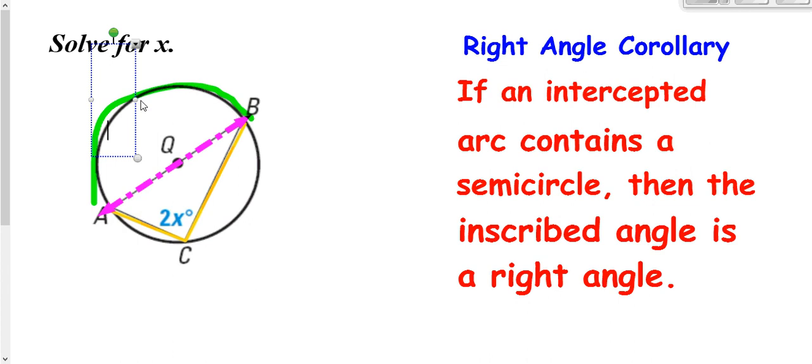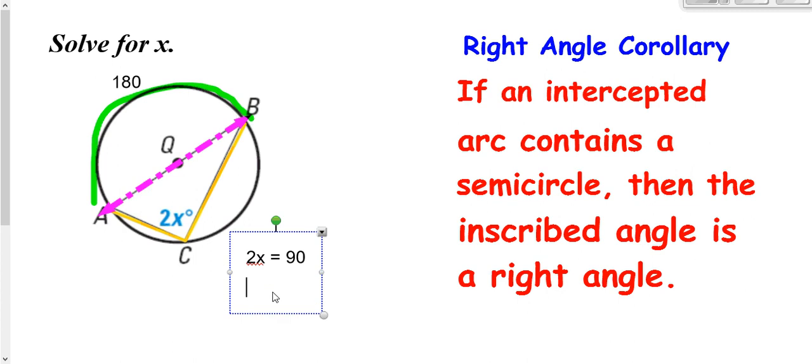We would know that the green arc out here would be 180. The angle down here then would be half of that, which is 90. So in this case, the angle is 90 degrees, and then we just set that equal to 2x, divide by 2, and we find that x is 45 degrees.